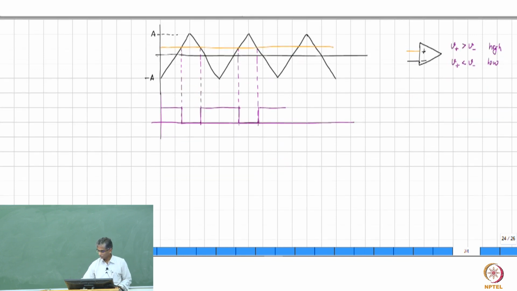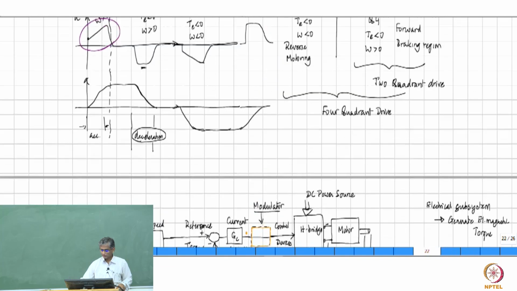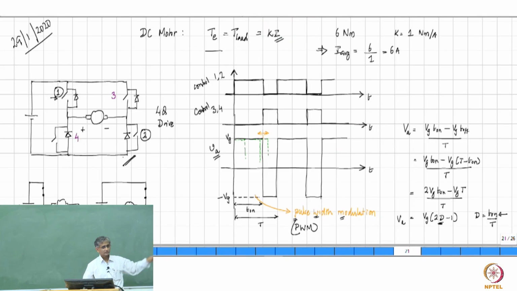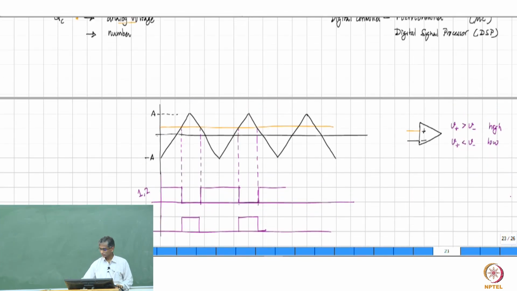And then what we can do is treat this variation as inputs to switches 1 and 2, and then give the inverse of this as inputs to switches 3 and 4. This is to switch 3 and 4, right? And therefore, we have the switch pattern that we had drawn here, something very similar to this, and the system will then work well.